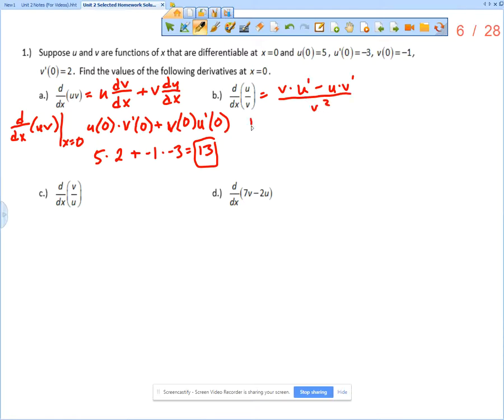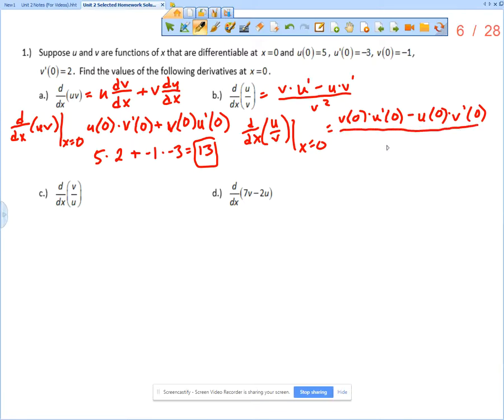So now remember, we want d dx of u over v, but we want that evaluated at x equals 0. So we're going to take v of 0 times u prime of 0 minus u of 0 times v prime of 0, all divided by v of 0 quantity squared.